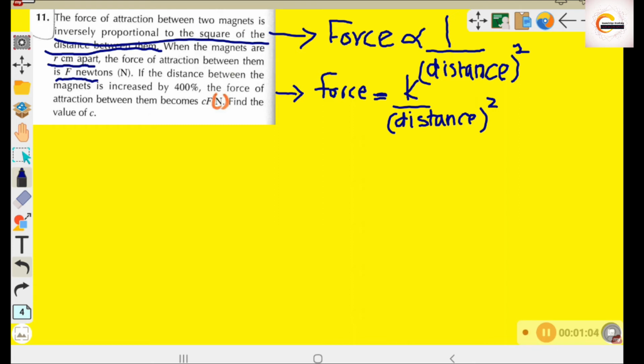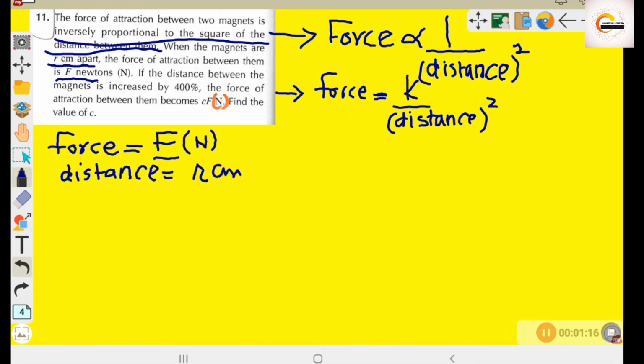So when the magnets are at r centimeters apart, the force of attraction between them is F in Newton. So I'm going to write this data. Force is equals to F and distance is equals to r centimeter. Next part, if the distance between the magnets is increased by 400%, the force of attraction between them becomes CF, and find the value of C.